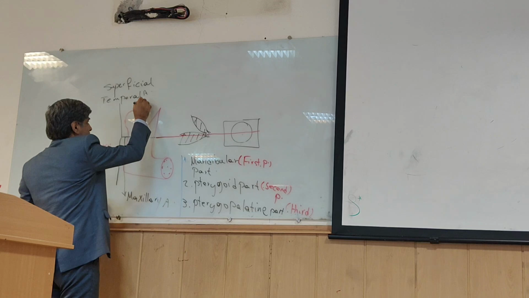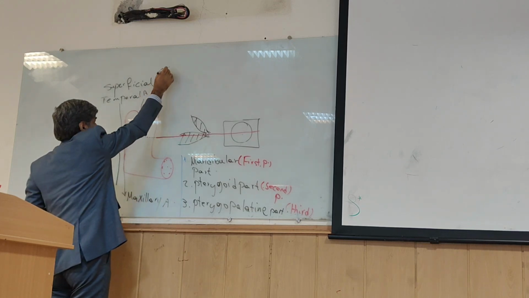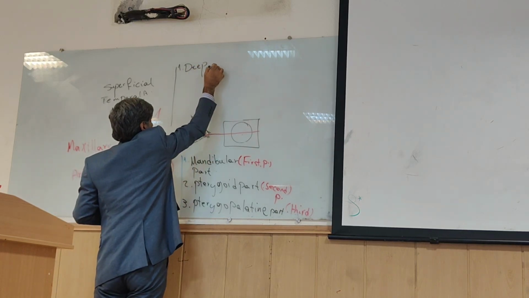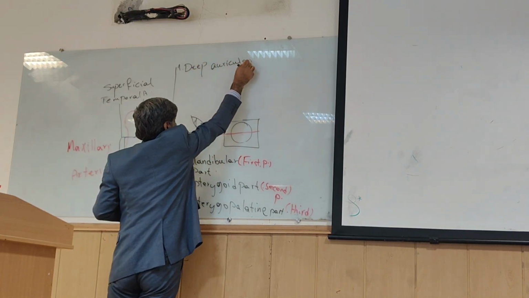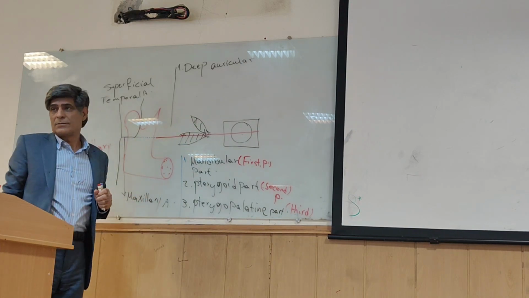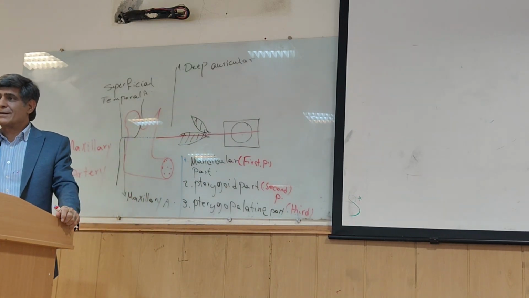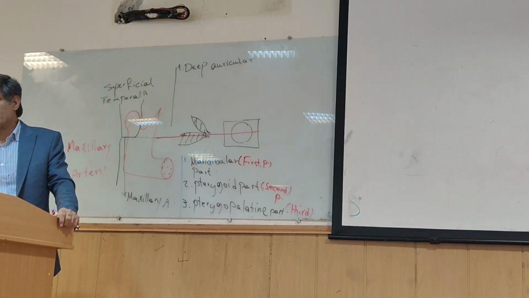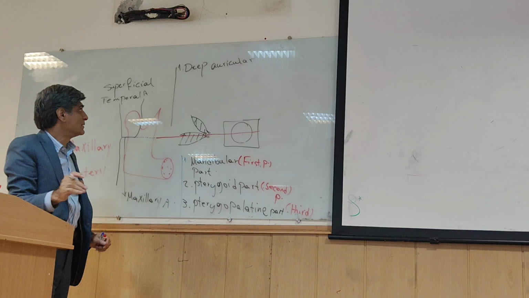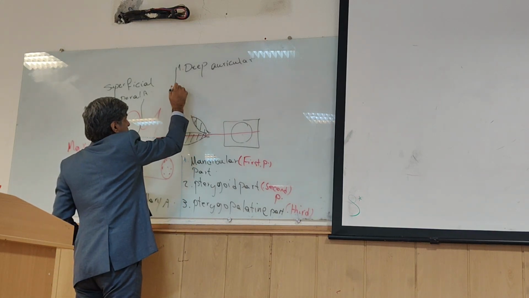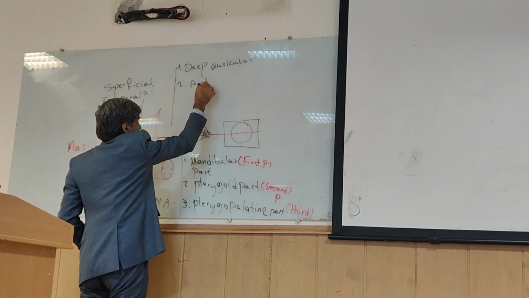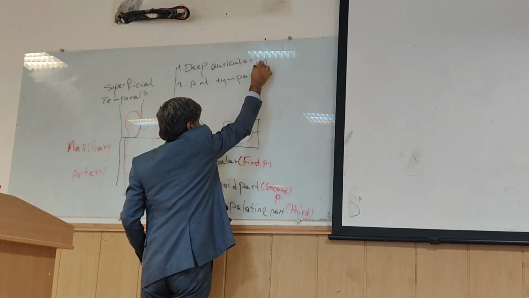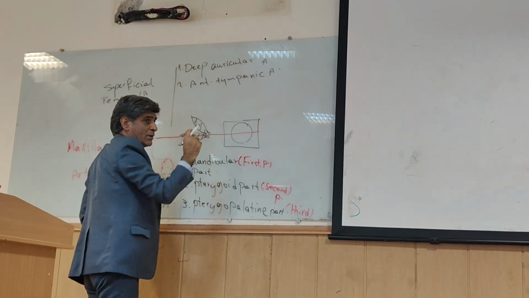One branch is the deep auricular artery, the blood supply of the external acoustic meatus and the lateral surface of the tympanic membrane. Two, the anterior tympanic artery, the blood supply of the middle ear.